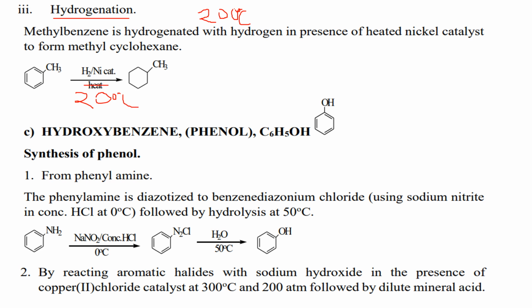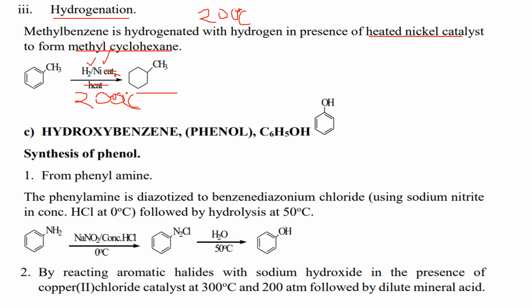Methylbenzene is hydrogenated with hydrogen in presence of heated nickel catalyst to form methylcyclohexane. So with hydrogen and nickel as a catalyst, don't write cat. I was just simplifying my notes. You can either leave it out and just say hydrogen stroke nickel at 200 degrees Celsius. To hydrogenate a benzene ring, you do it at 200 degrees Celsius, but if it's aliphatic, you do it at 150 degrees Celsius.